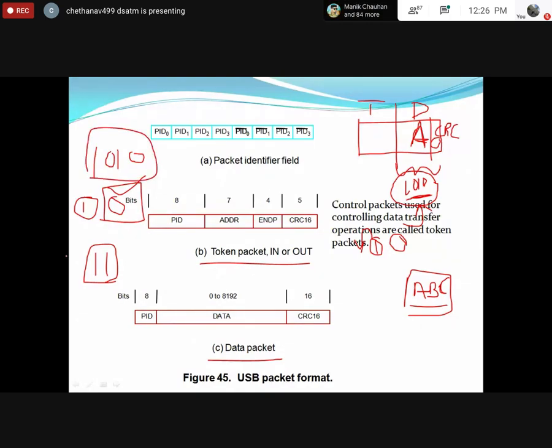Now my question to you is, suppose your data bits are only 1 1, only 2 bits of data I'm transmitting. What could be the CRC code?